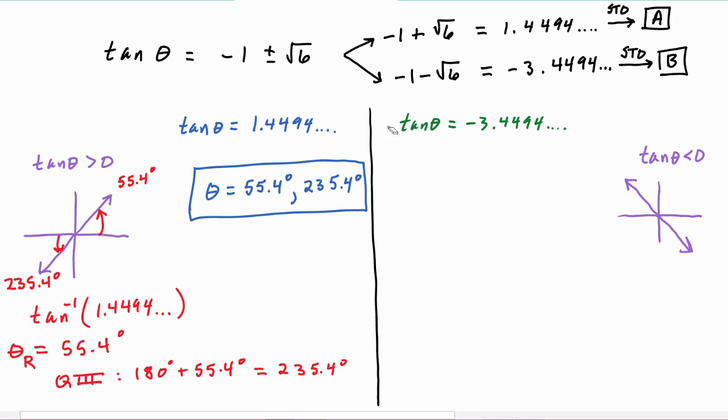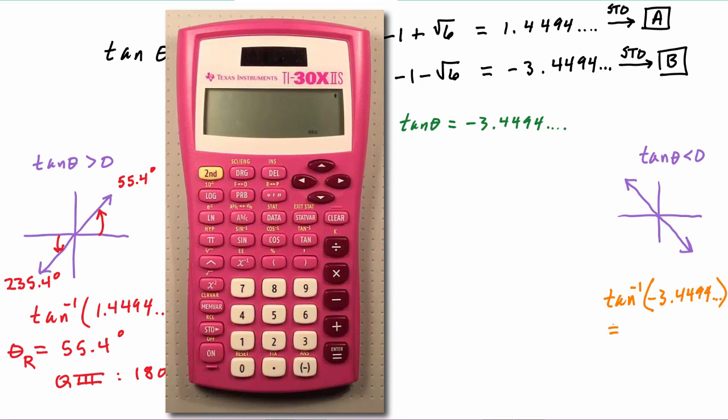Now here, if we do the tangent inverse of negative 3.4494, we can enter that in our calculator by hitting second, tangent inverse, memory variable, cursor over to the B, hit enter, close your parenthesis, hit enter, and we see that we get negative 73.8 degrees.